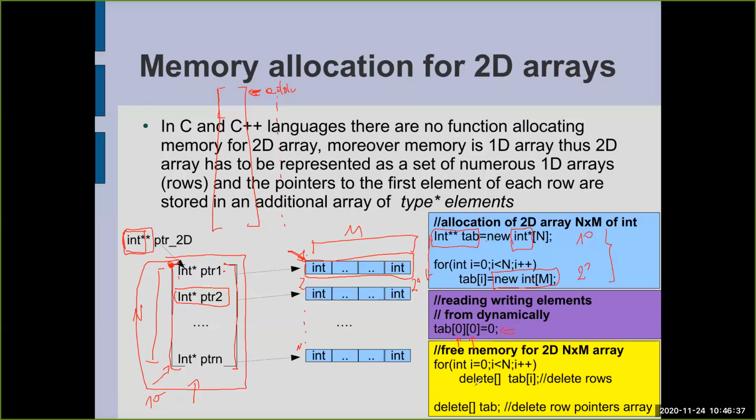In this case, look, the process of releasing or deallocating memory is opposite. First, I deallocate memory for rows. So I call delete tab i. For every address, I deallocate memory for a particular row. And then I call delete tab, which means delete the array of pointers.